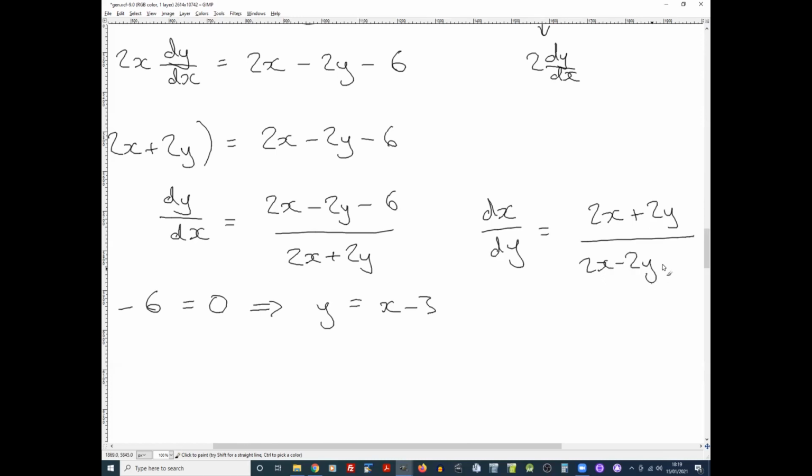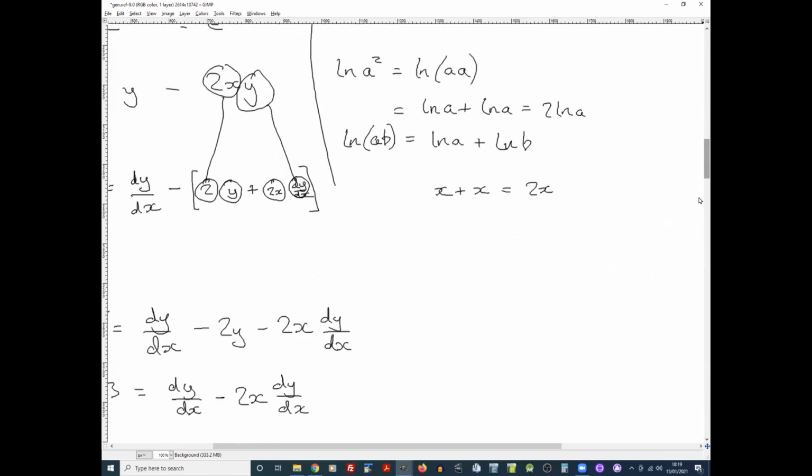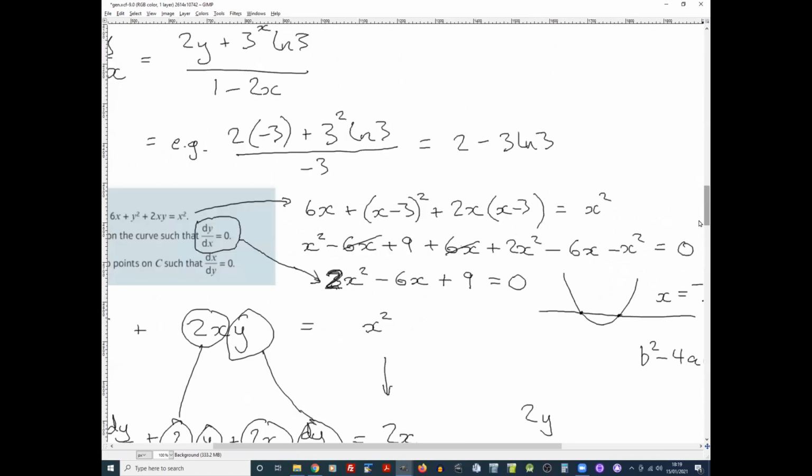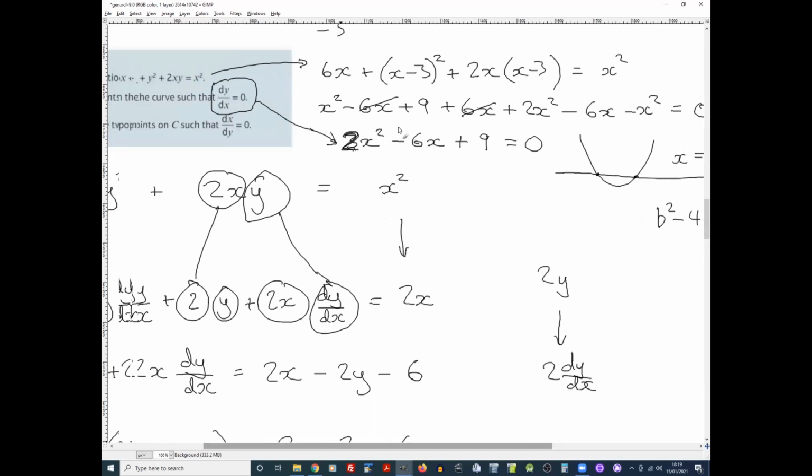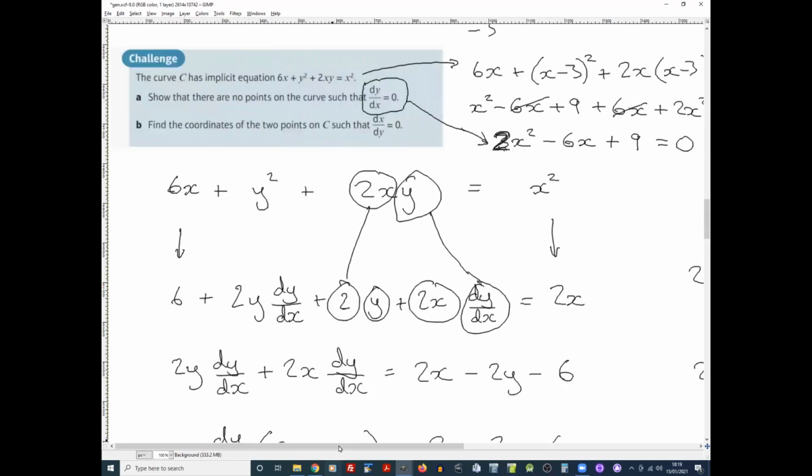Yeah, same process, but this time it should work, and it should lead to a quadratic which solves for x and allows us to find the 2 points on the curve C. Numerator equals 0. What does that say about the curve C if the reciprocal of the gradient is 0?